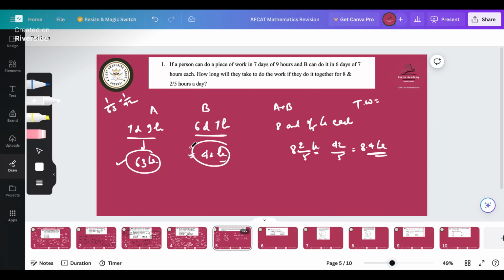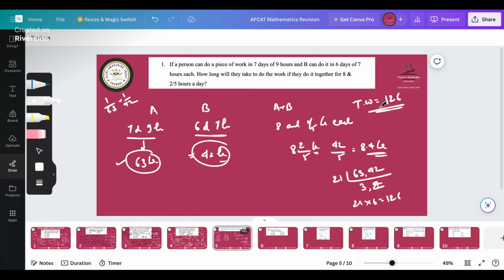So how much is that? Take the LCM of 63 and 42. 21 into 6 is 126, so 126 is your LCM.